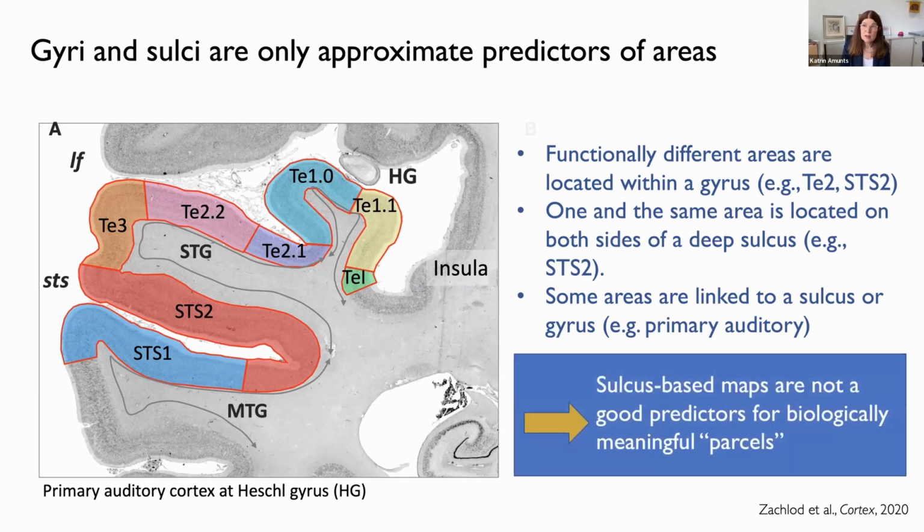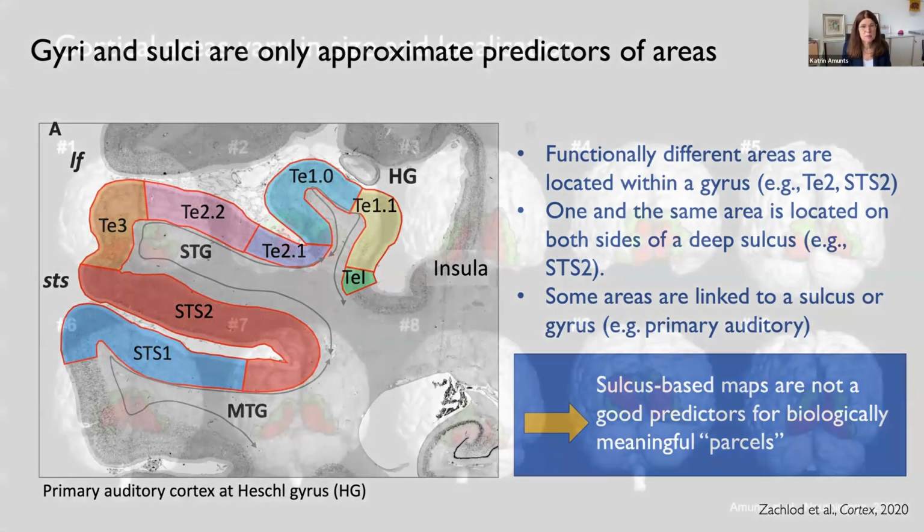So some areas do have a rather strong link to sulci and gyri, and the primary auditory cortex would be such an example, but others do not. So in general, we have to say that sulcus-based maps are not a good predictor for identifying cyto or microstructural areas based on the sulcal pattern.